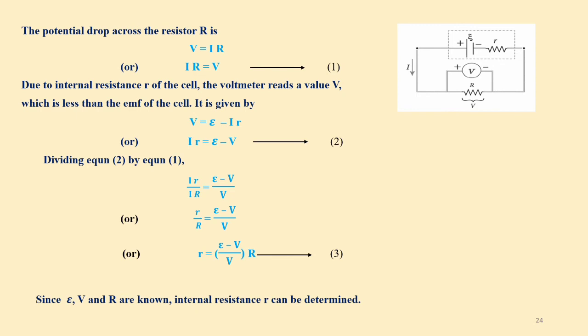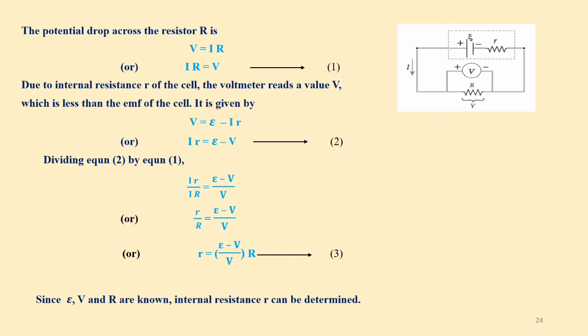Now dividing equation 2 by equation 1, the left side is I small r divided by I capital R, that is equal to the right hand side, epsilon minus V divided by V. Cancelling the current term I on both sides, small r by capital R is equal to epsilon minus V divided by V, or small r is equal to epsilon minus V divided by V into capital R. This is equation 3.